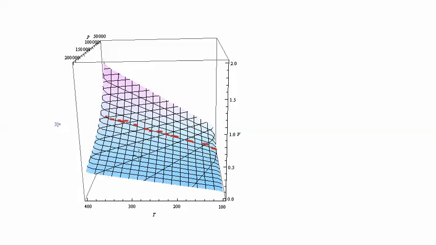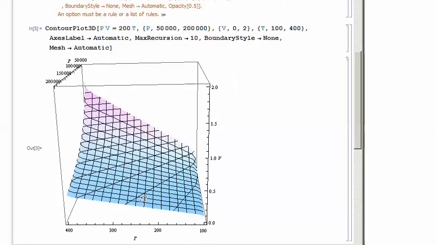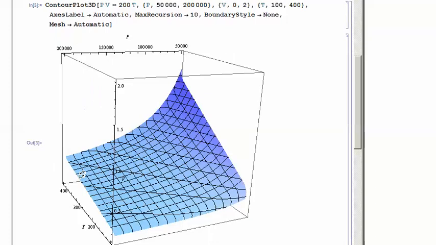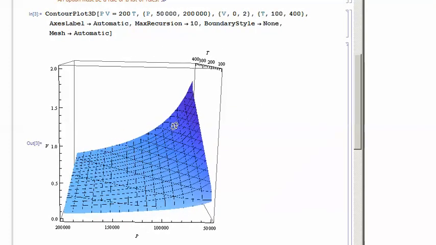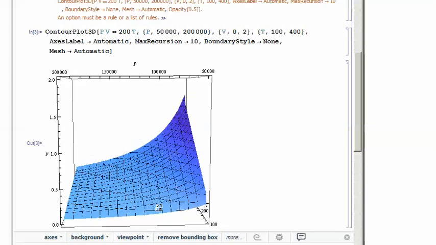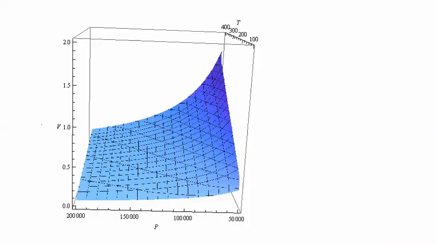So there could be a higher change in volume per temperature, like up here. That is a steeper slope than this one. And maybe down here it's a slightly less steep slope. Now if I turn that around like this, then you can see, let's see, I'll draw that. You can see the del V, del P slopes coming along here.